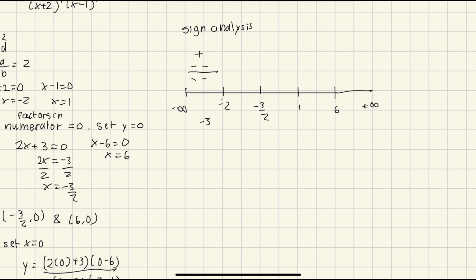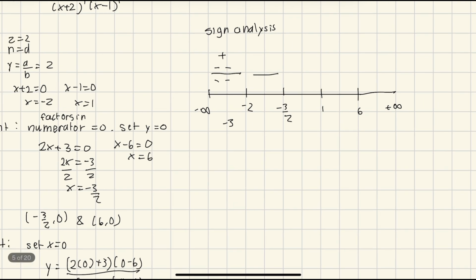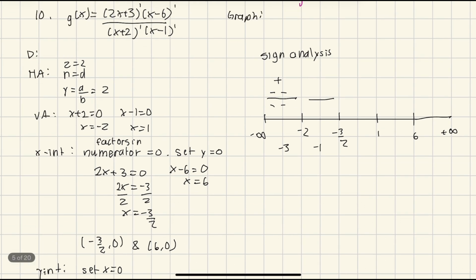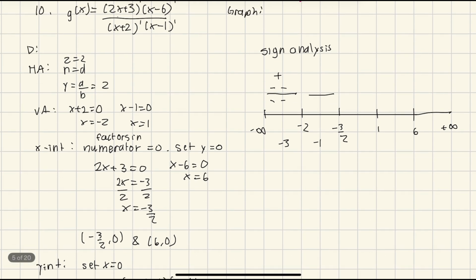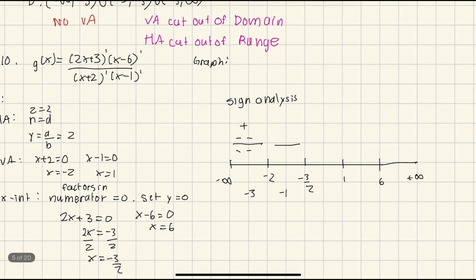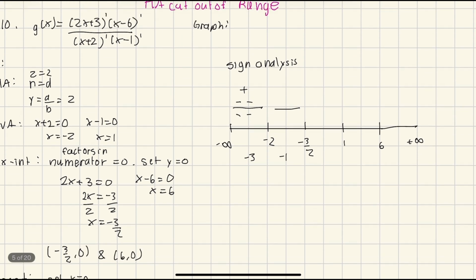Okay, over here, let's do negative 1. 2 times negative 1 is negative 2, plus 3 is positive.